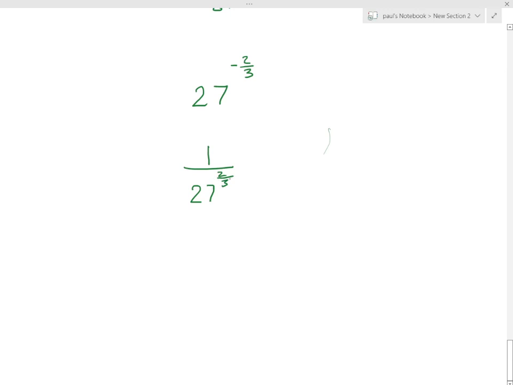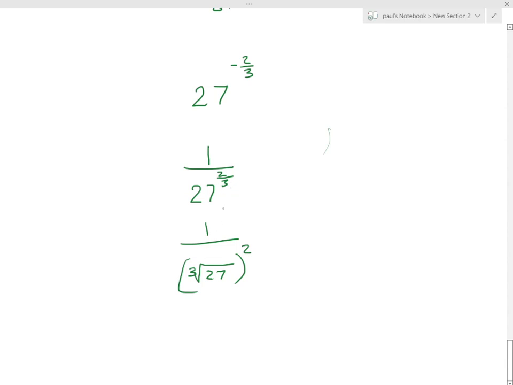Yeah, 1 over 27 to the 2/3. So this is going to be 1 over the cube root of 27, squared.